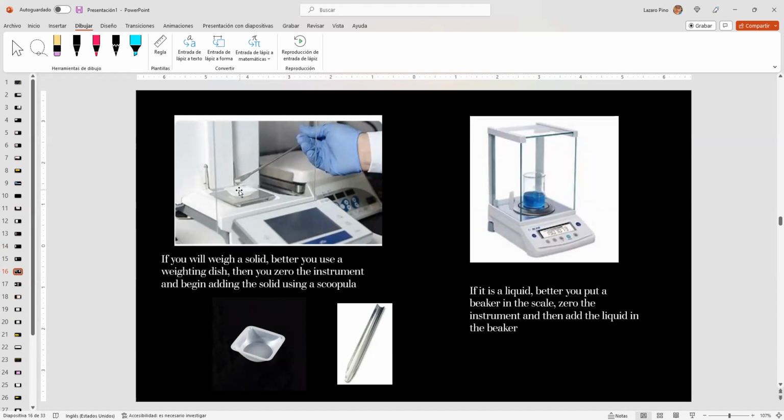You put the weighing dish, you zero your instrument, and then you begin adding your solid until you get the amount that you need. If it is a liquid, better you put a beaker, you zero the instrument, and then you put the amount of liquid that you want into the beaker, and you can measure the weight of this liquid.